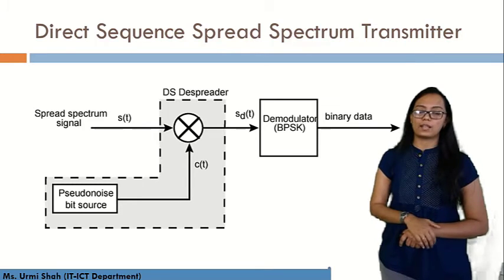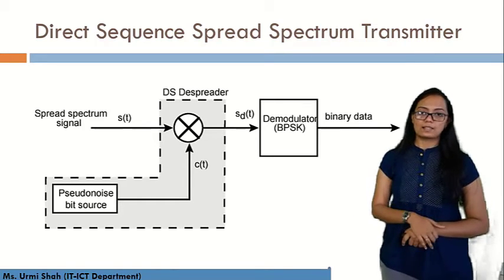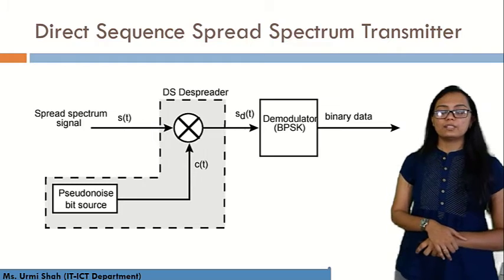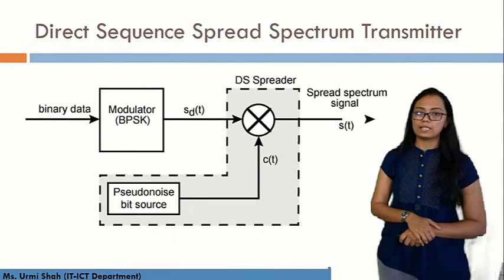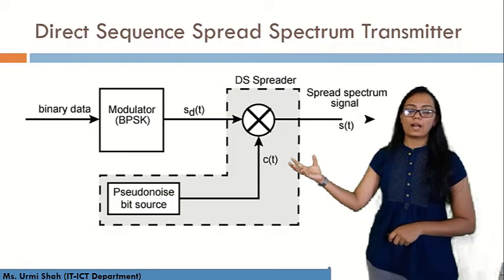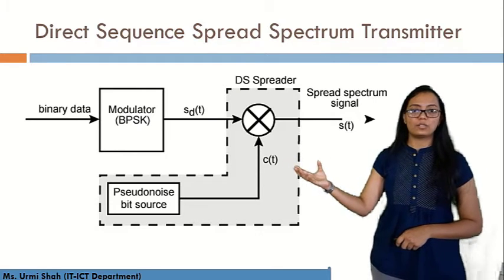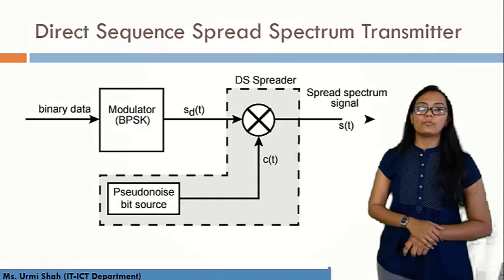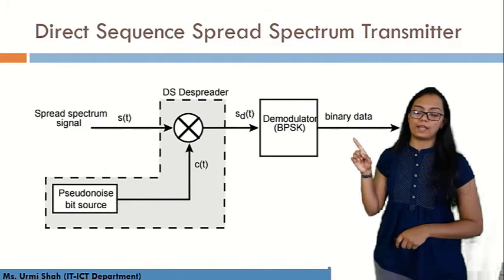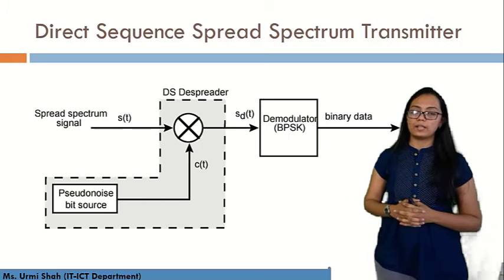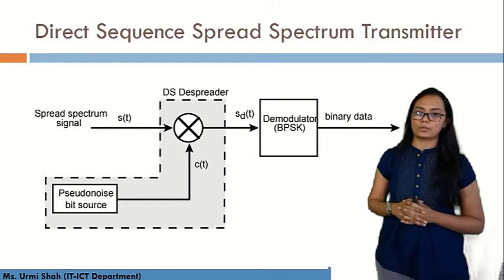This is one of the corrections in this slide. The difference between the transmitter and receiver blocks is that in the transmitter I have the modulator circuitry in the initial block, while in the receiver I will have the demodulator circuitry at the end, which was similar in FHSS also.